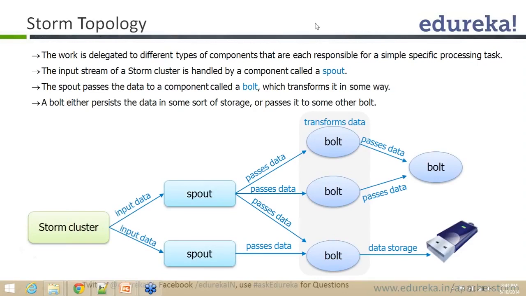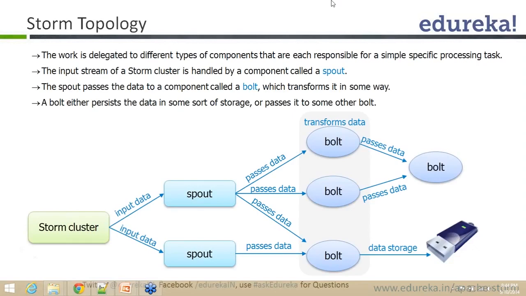Any of these integrations can be the input for something called a spout. A spout is called the data source in a topology. It takes the data from any external source, does whatever it wants, like some sort of transformation, and then publishes it within the cluster.